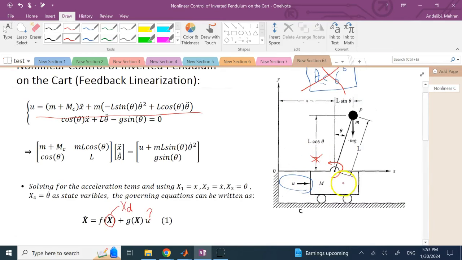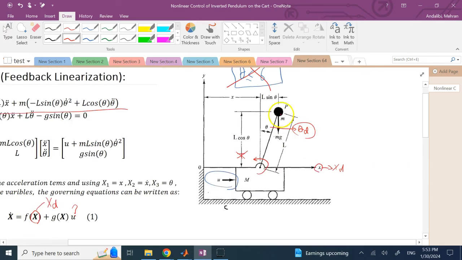So you cannot really drive this x to the desired x and drive theta to the desired theta at the same time. It's not possible, okay? You have to focus on one of them. Either keep the pendulum or drive it to a desired angle and not care about x, or care about x and not care about theta.